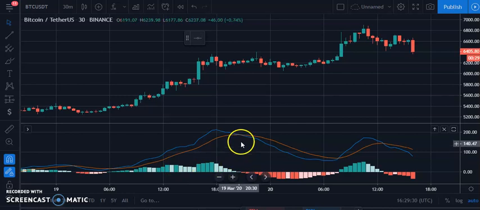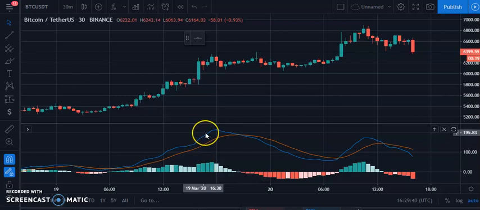Looking at this place, the space between them is not that much, hence they are coming closer. So as the space between the MACD line and the signal line widens, so also does the histogram widen. That is what gives us this histogram here.